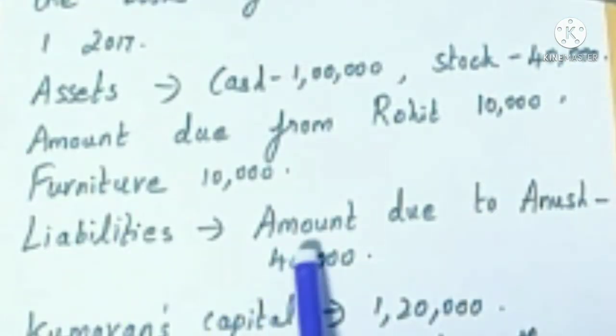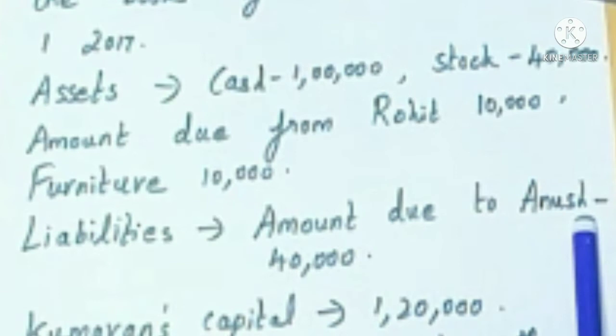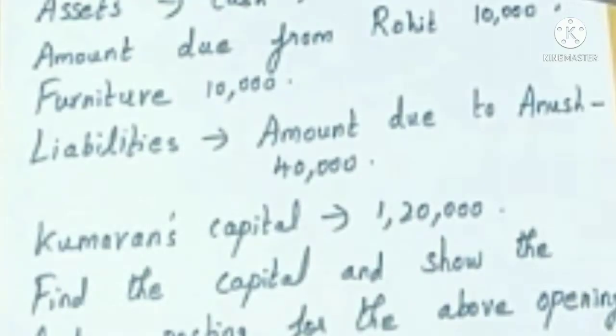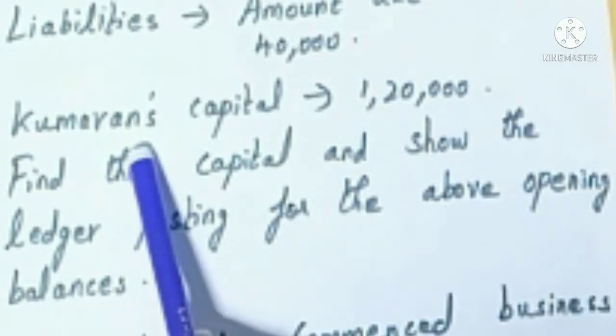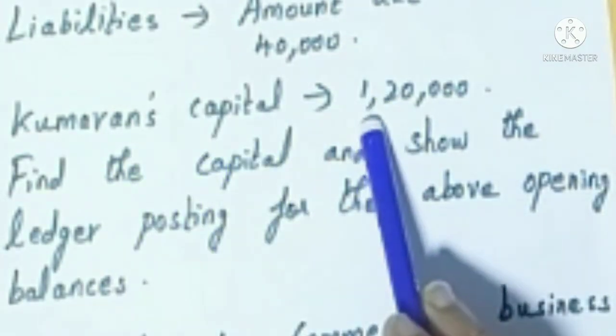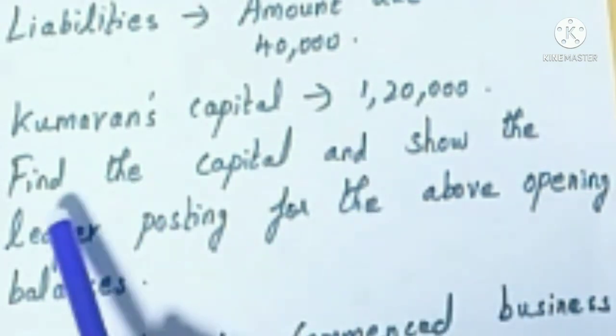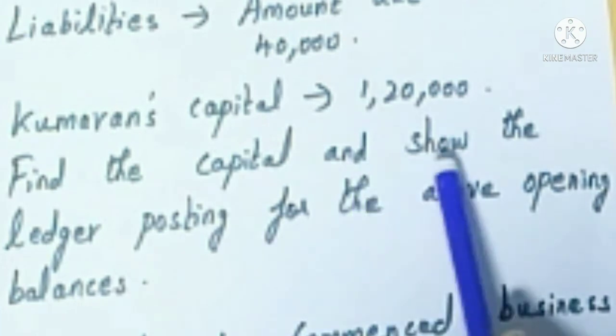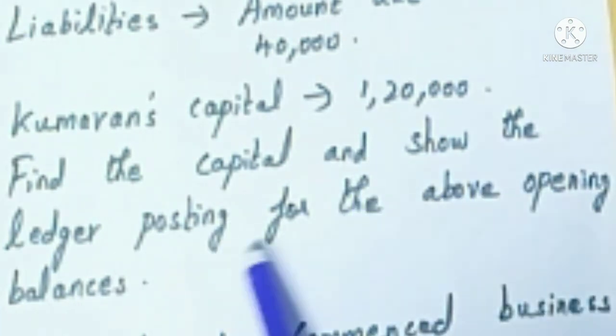Liabilities: amount due to Anush 40,000 rupees. Kumaran has contributed capital of 1,20,000 rupees. Find the capital and show the ledger posting for the above opening balances.